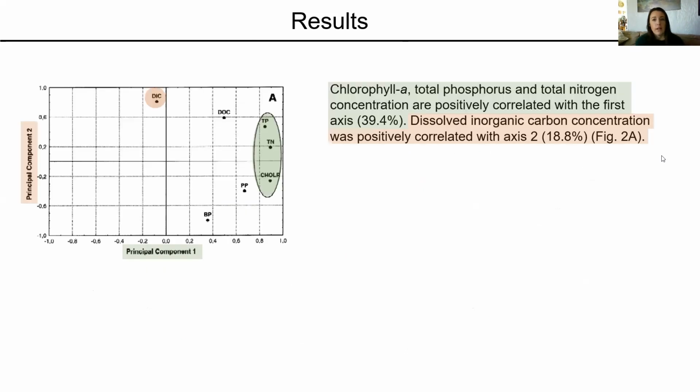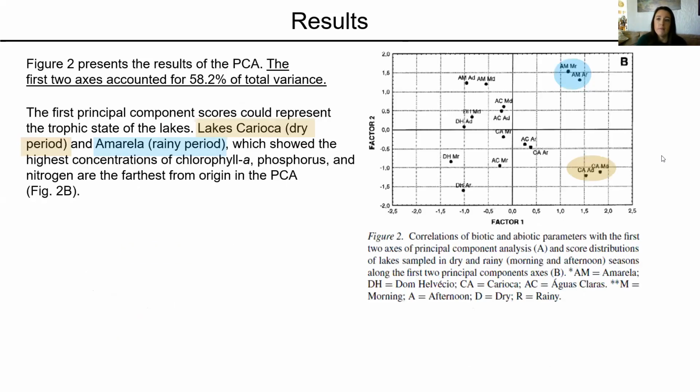In the results, chlorophyll A, total phosphorus, and total nitrogen were positively correlated to the first axis, which makes sense because phosphorus and nitrogen tend to drive algal growth and algal productivity. And dissolved inorganic carbon concentrations were positively correlated to axis 2.